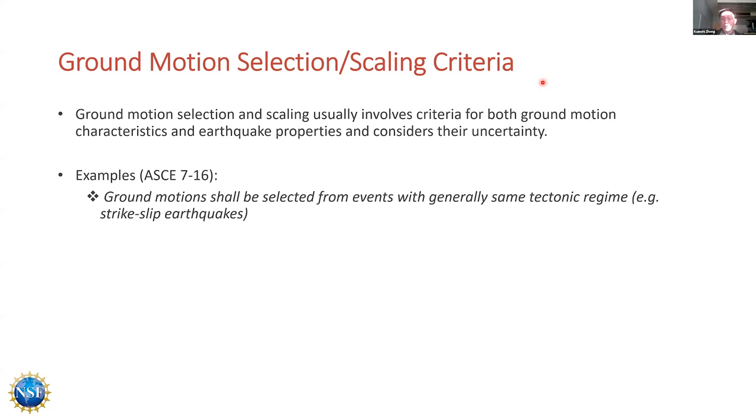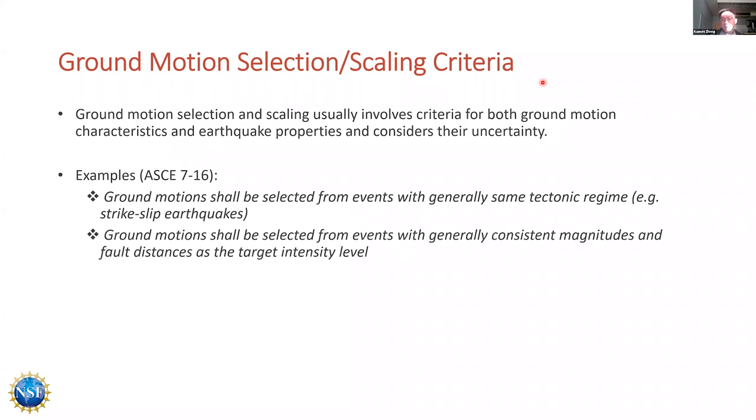For instance, if I look into San Francisco and a specific tall building, then perhaps I would focus on strike slip earthquakes, because they are representative of the Hayward and San Andreas fault events. They should be selected with generally consistent magnitudes and site-to-fault distance given the intensity level, and have a similar response spectra shape to the target spectra as we described a few minutes ago.